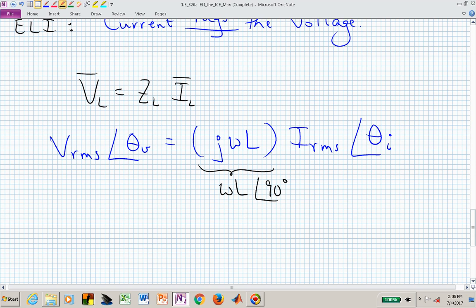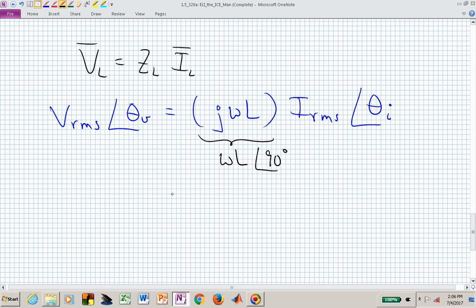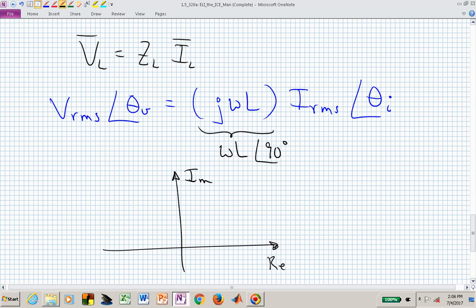In terms of trying to understand some of these concepts or ideas, it's helpful a lot of times to just start sketching. And here is the complex plane. And now we want to know what happens to this complex quantity, j omega L. Well, it is actually in the imaginary direction because we only have one component. It's not a real part plus an imaginary part. It's just the imaginary part.